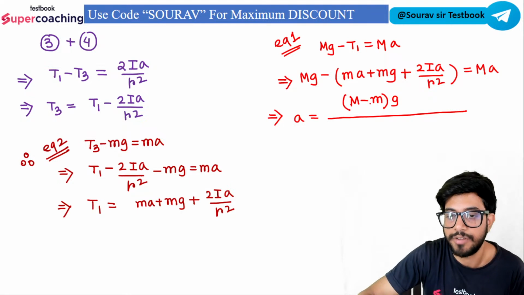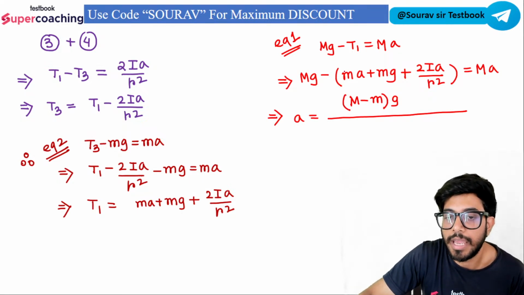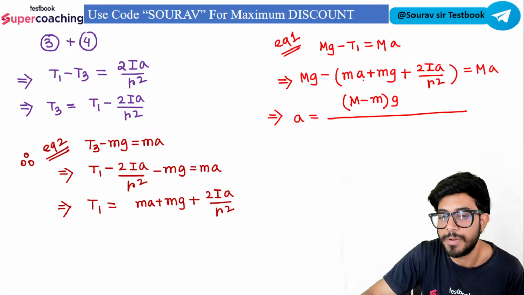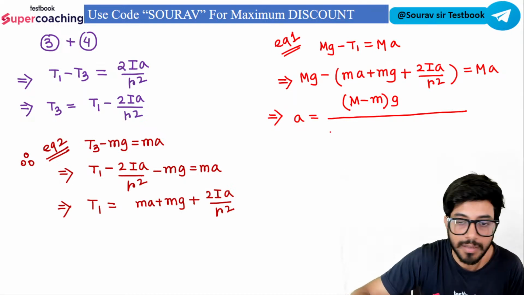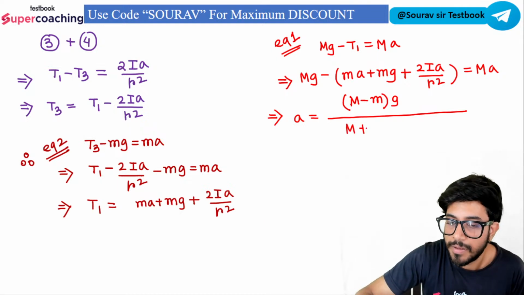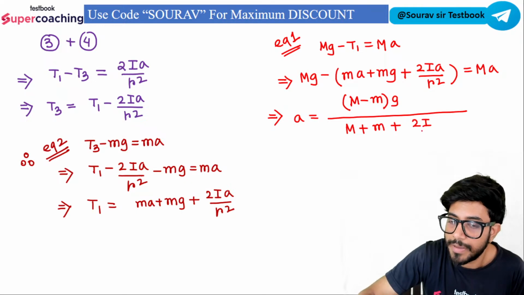So you're going to get a equals capital M minus small m into g divided by capital M plus small m plus 2 into I divided by r square.